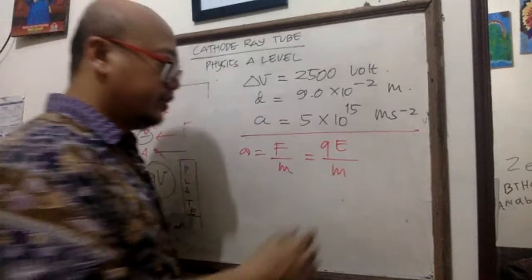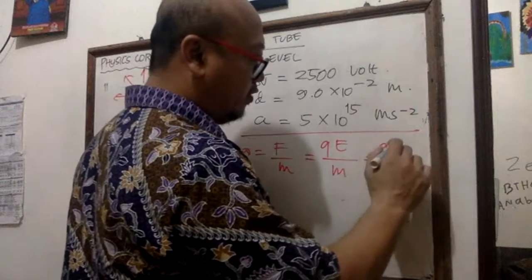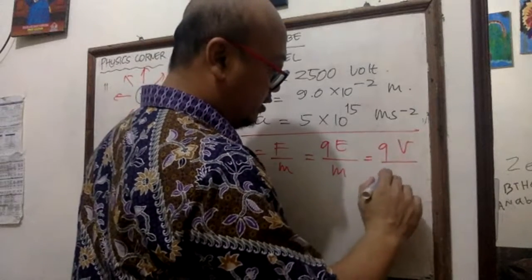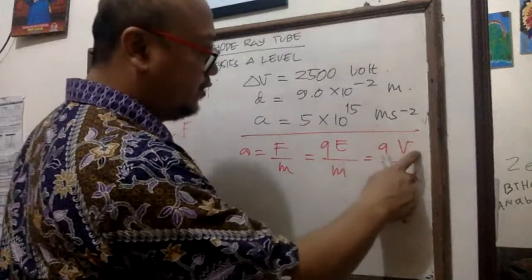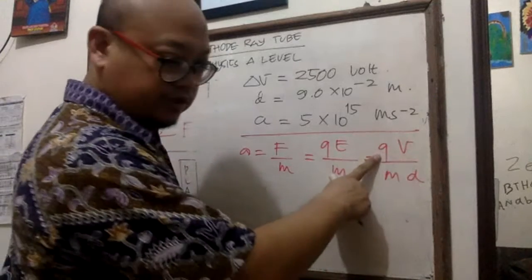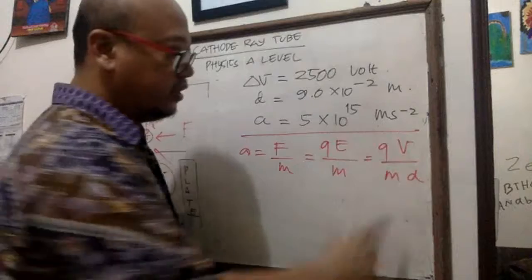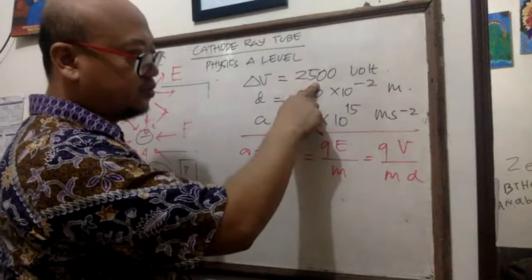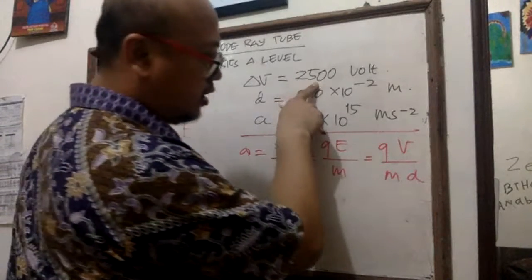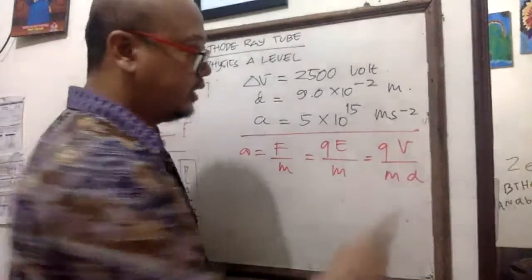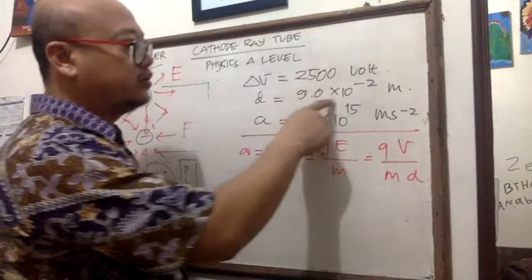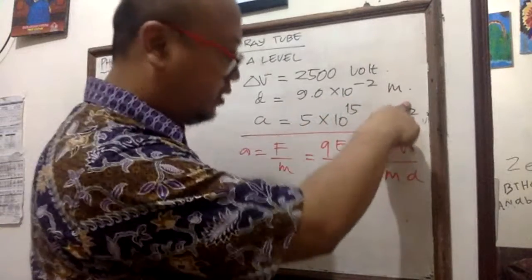Continue breaking down, E is V over d, right? So we have Q, V, and d. Q is constant, the electron charge. V is voltage, 2500 volt. Mass is the constant mass of the electron, and d is 9.0 times 10 power minus 2 meter.